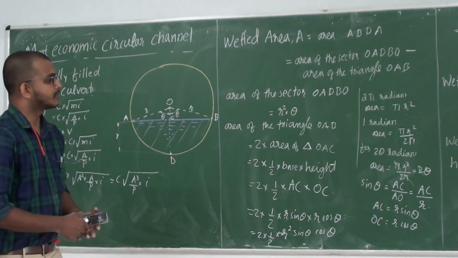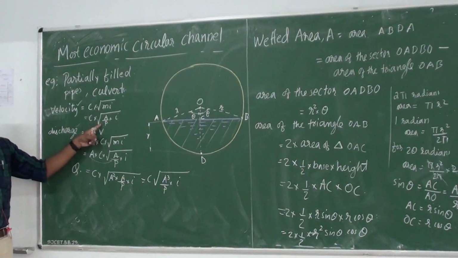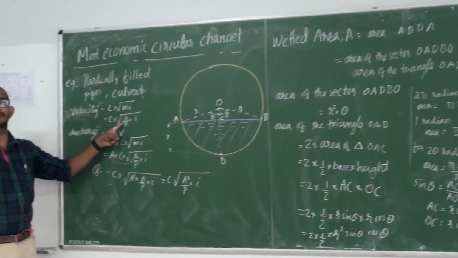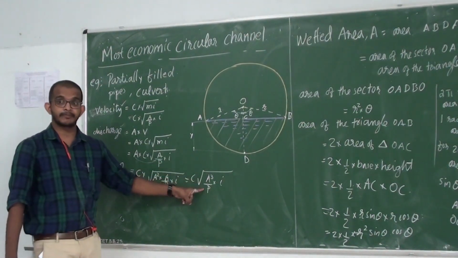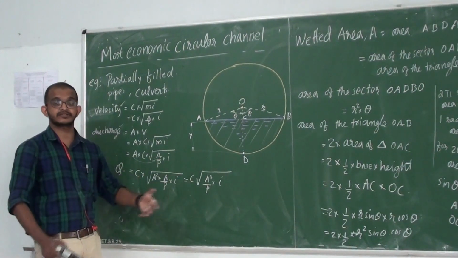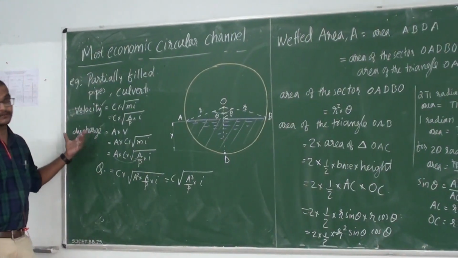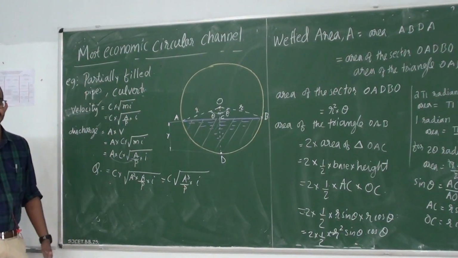Also look at this equation, velocity and discharge. The velocity is a function of square root of area by perimeter, and the discharge is a function of square root of area cube by perimeter. Both are functions of theta. Area and perimeter are functions of theta. That means the velocity and discharge change when theta changes.